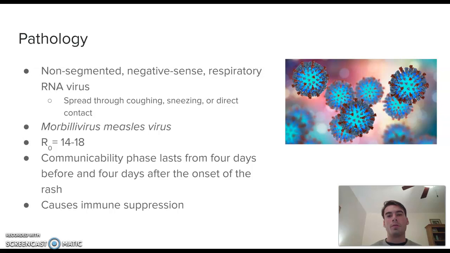For example, if you were infected with smallpox as a child and you have all the memory cells that are capable of defending you against smallpox, if you get measles later, the virus will remove all those memory cells. So you will be able to be infected with smallpox again. Again, it's just a hypothesis. It's in very early stages of study, but I thought it's still something interesting to think about.